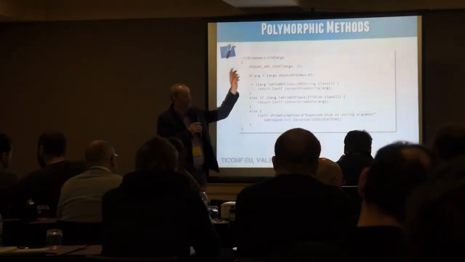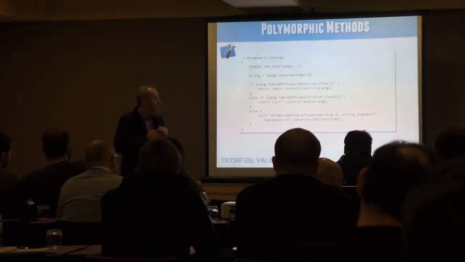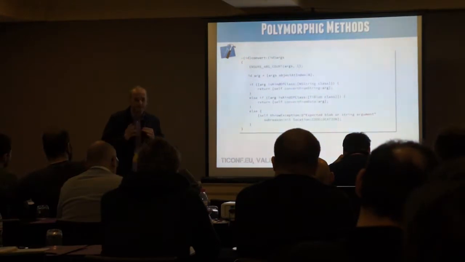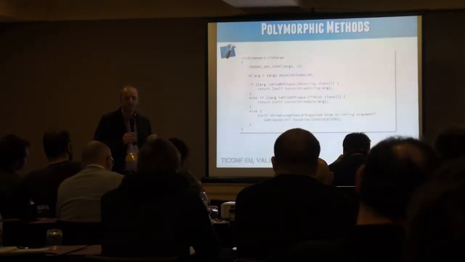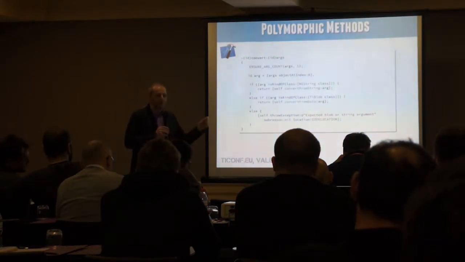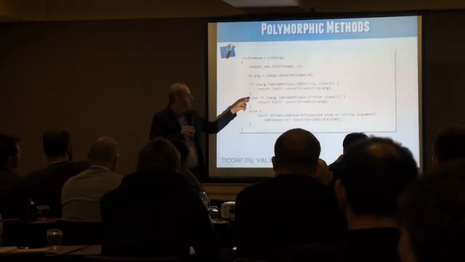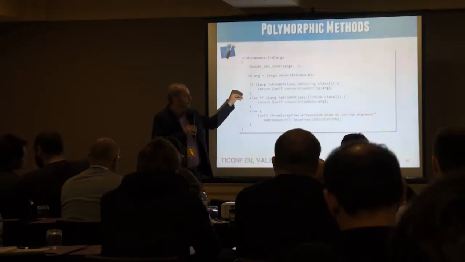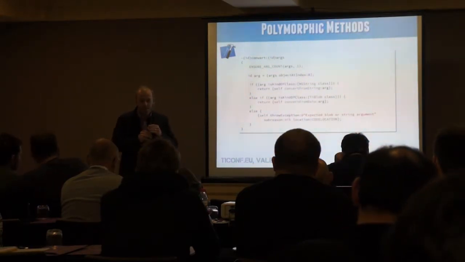We ensure that we only have one argument with the ensureCount macro. And then we use a feature that is present in the Objective-C language, which is reflection, going to see which kind of class corresponds to the object we are evaluating.